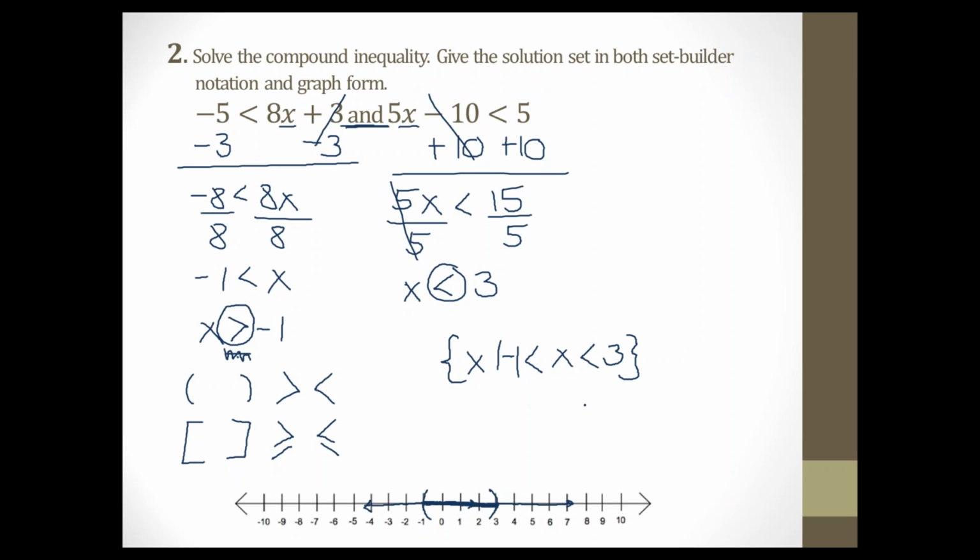So this would be our solution in set builder notation, and this would be our graph.